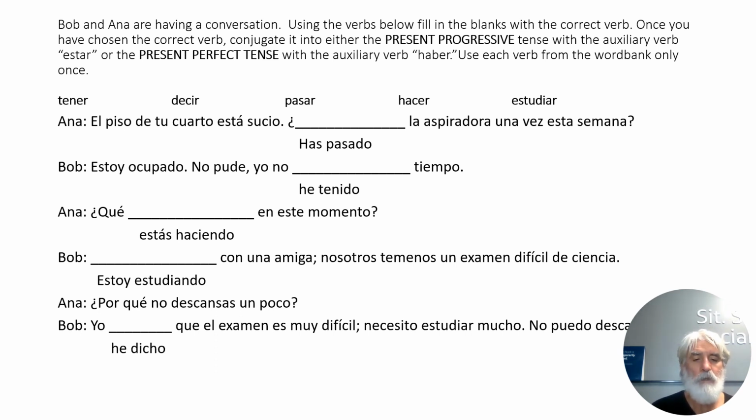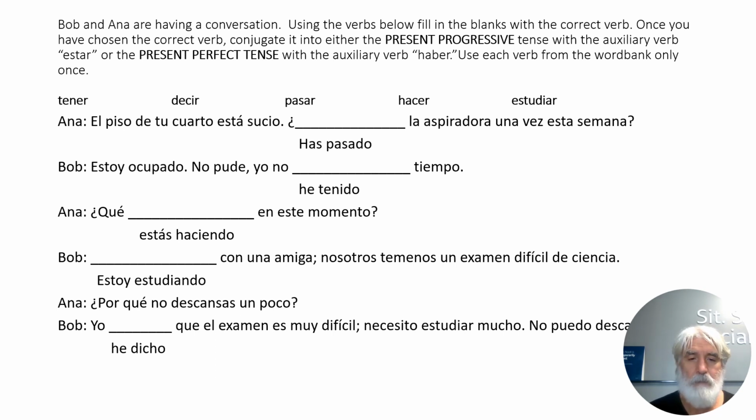So yo he dicho. So this question is a little bit complicated, but if you break it down, you're going to get a conversation, you're going to get a word bank of verbs. Choose which verb you want to use when you respond back. And then you have to choose, well, what tense do I want to put it in?